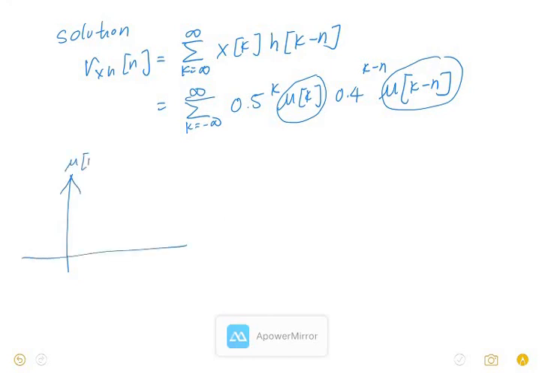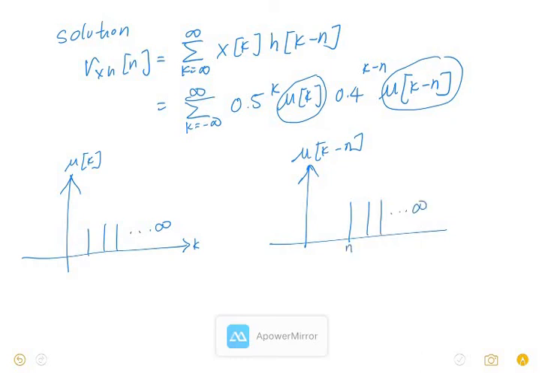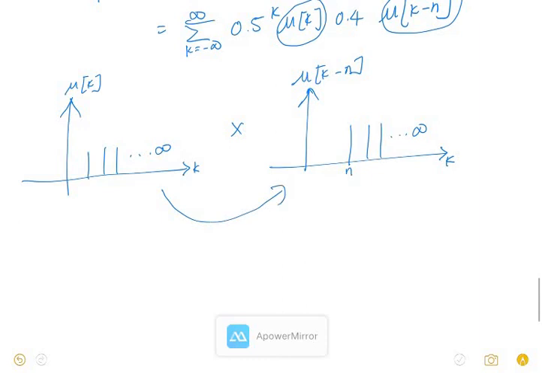This is u[k], which goes to infinity, and this is u[k minus n], also to infinity. What will you get from the product of these two? This one is from 0 to infinity, and this graph is from n to infinity. So when these two graphs are multiplied, you will only get the limits from n to infinity.